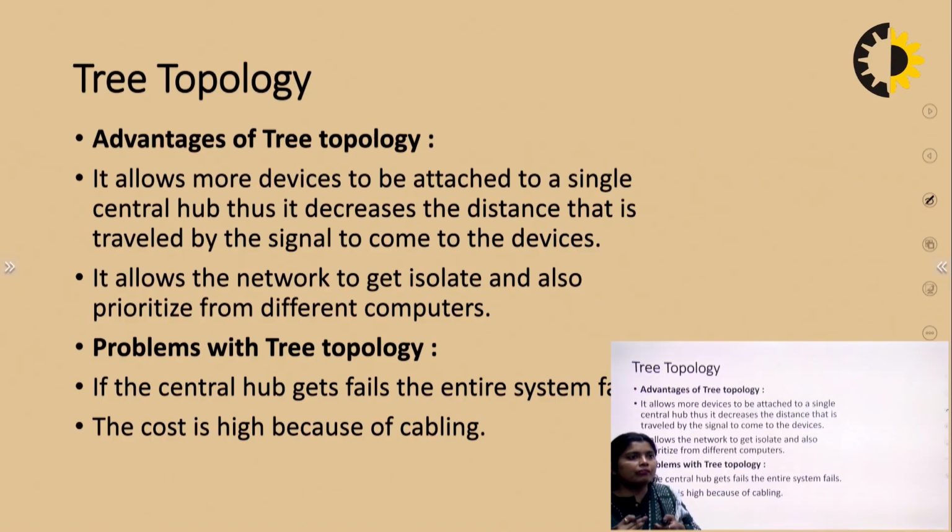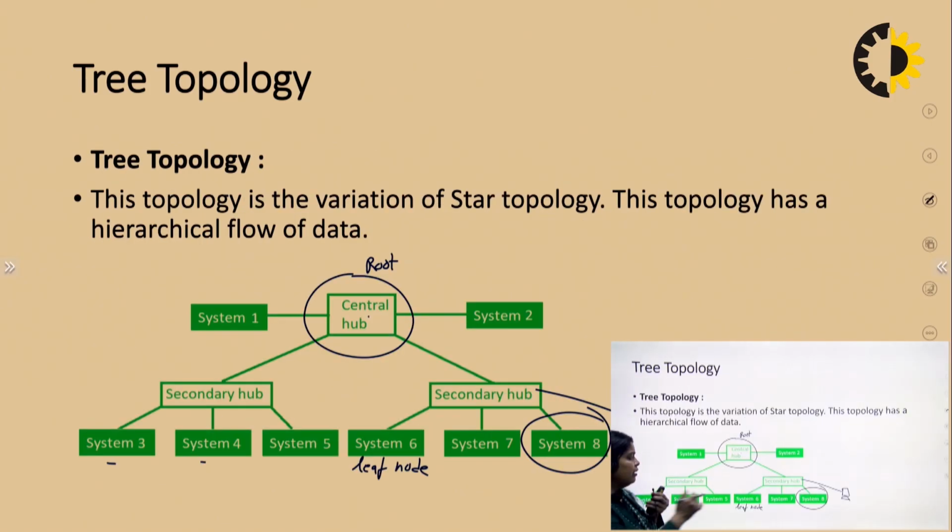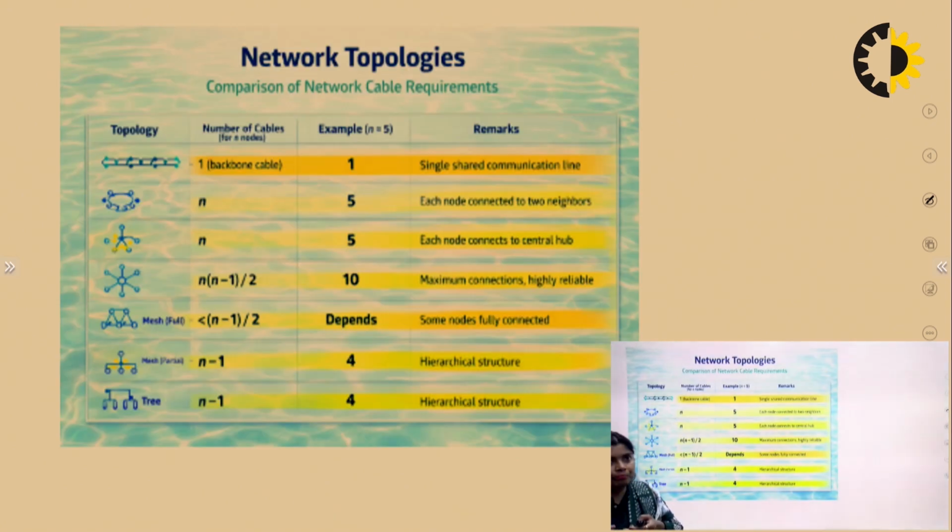An advantage of the tree topology is that it allows more devices to attach to a single central hub. The problem is that if a secondary hub fails, that is okay, the first one will still be connected. But if the central hub fails, the complete system will fail.